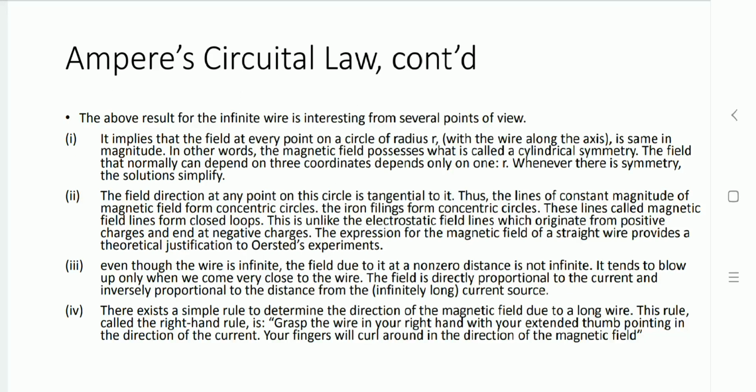In your right hand, take the wire, and wherever the fingers move gives you the magnetic field. In each case, the magnetic field and the current relation is given by the right hand rule. Only the direction is different.